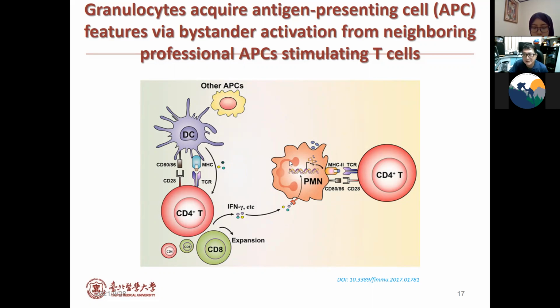CD4 is T helper cells, which are accessory T cells that can secrete a lot of chemical cytokines, interleukins, which can amplify different types of leukocytes, including innate and adaptive T cells.